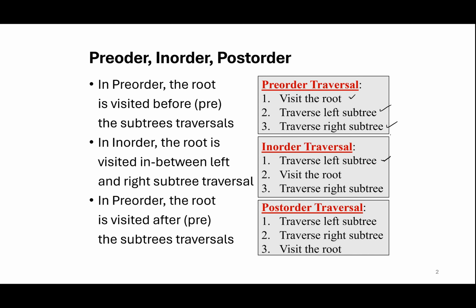Left, visit, right. And post means we do the visiting last: do the left, do the right, and then visit. So pre means visit first, in means visit in between left and right, and post means do left and right first and then visit.